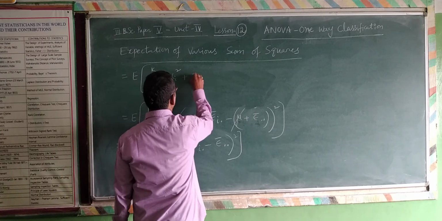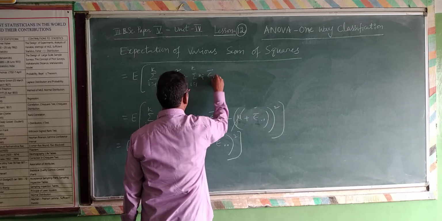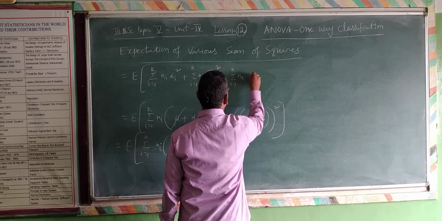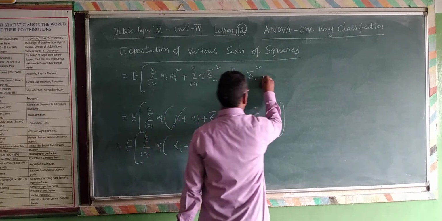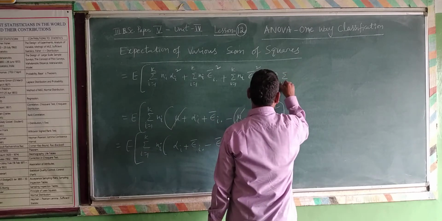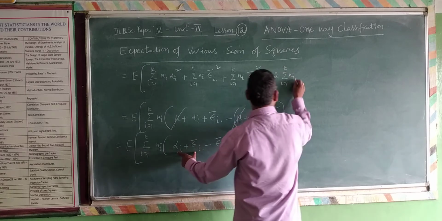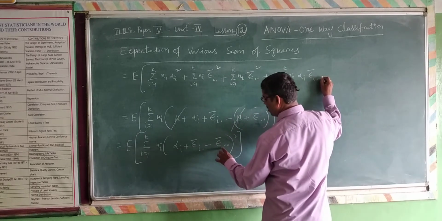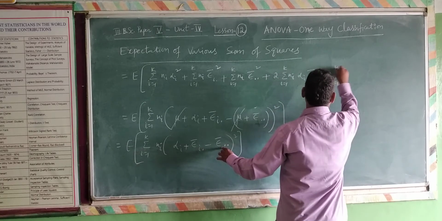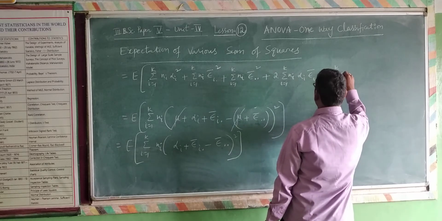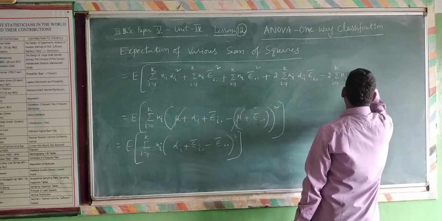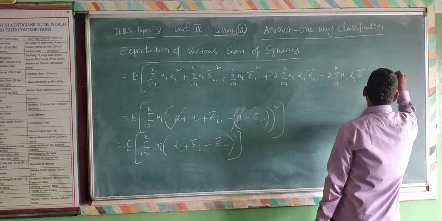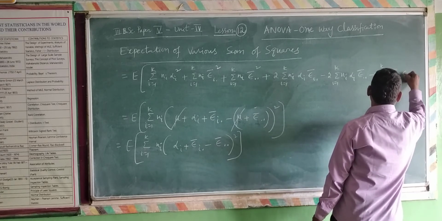Next, summation of ni into epsilon bar I dot square, plus summation of ni into epsilon bar dot dot square, plus the 2ab term: 2 into summation of ni alpha I epsilon bar I dot, minus 2 into summation of ni alpha I epsilon bar dot dot, minus 2 into summation of ni epsilon bar I dot into epsilon bar dot dot.